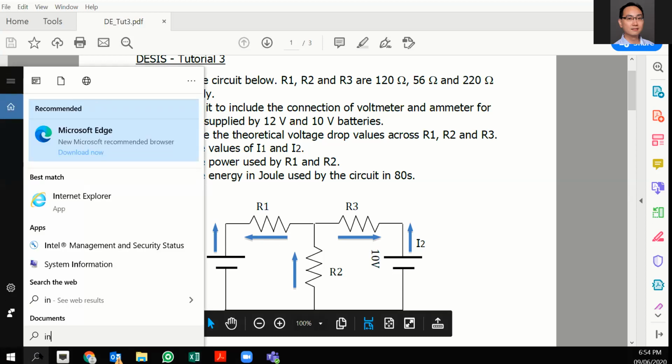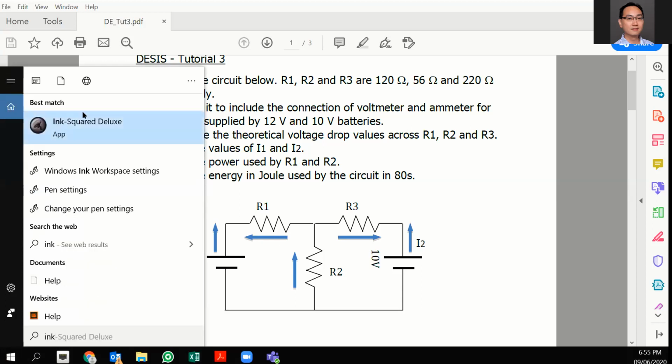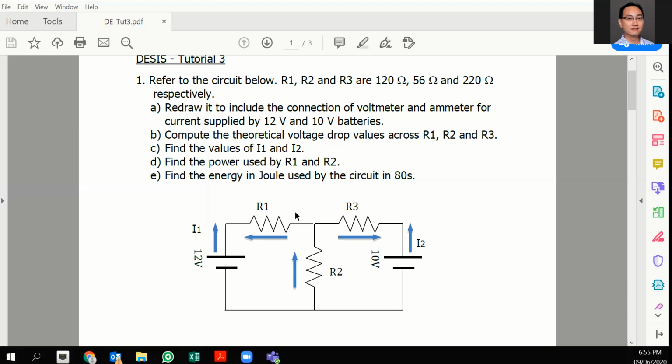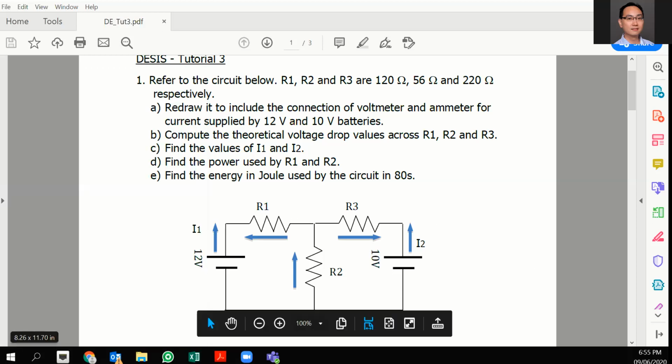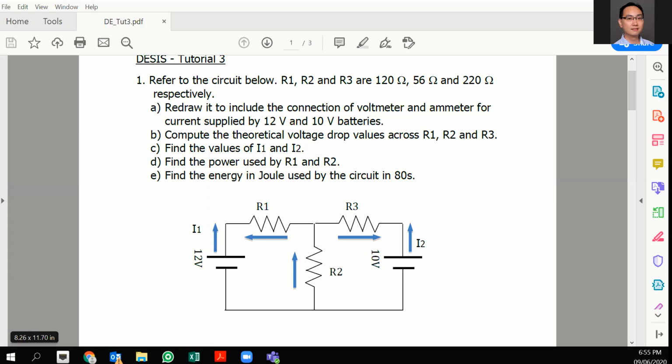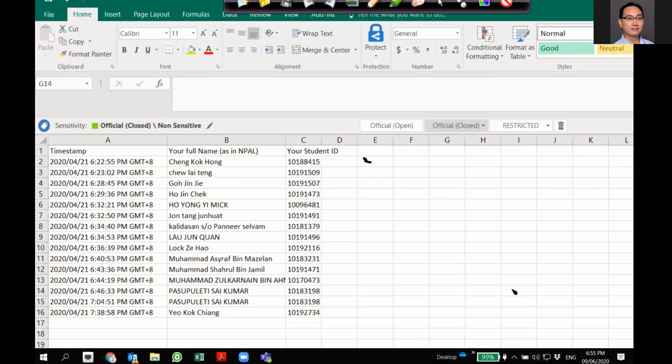It's called the ink square. Use this one.